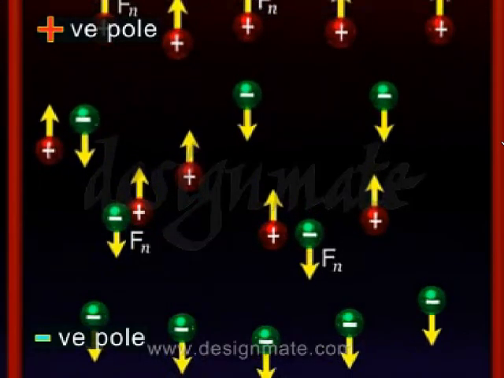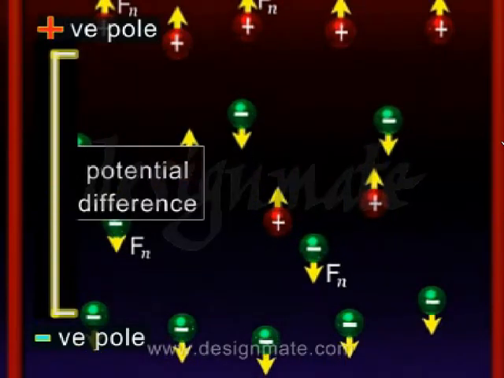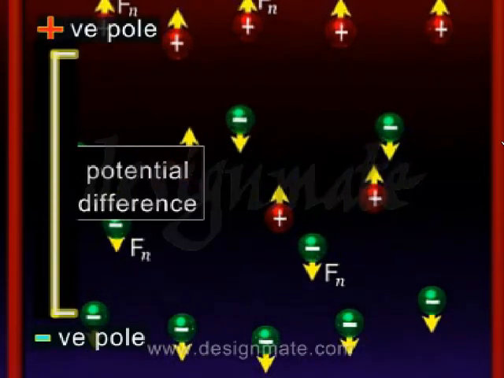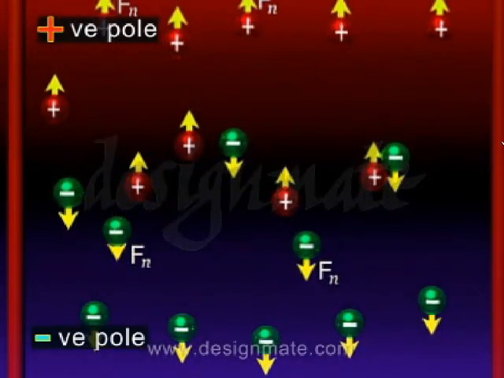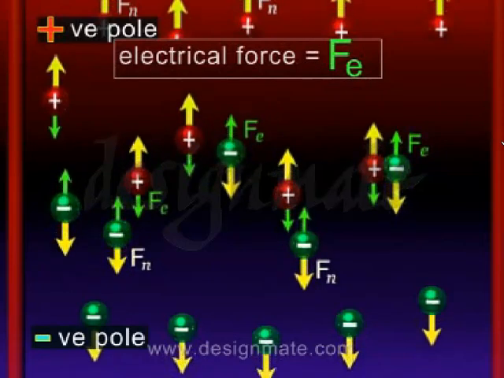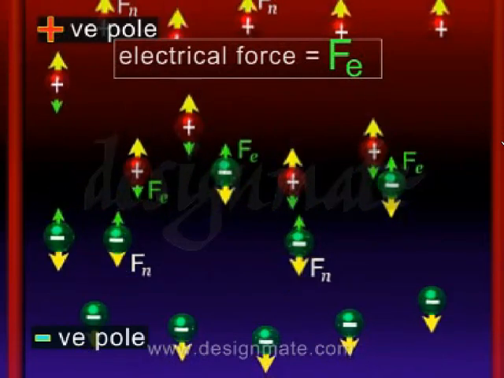The accumulation of the electric charges at the poles produces electric potential difference between them, which keeps on increasing gradually. This results in the electric force Fe, which acts against the non-electrical force.